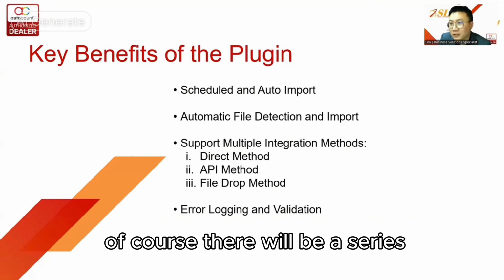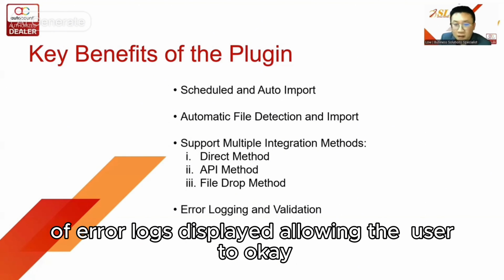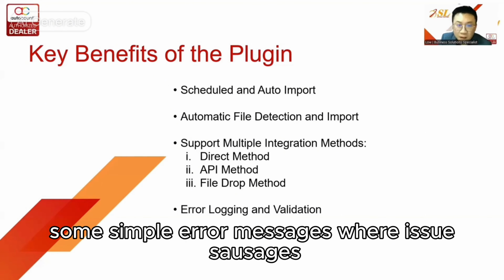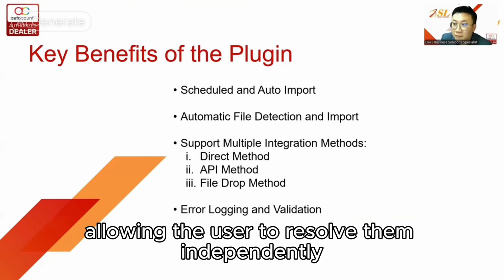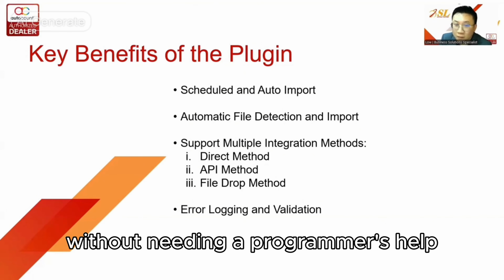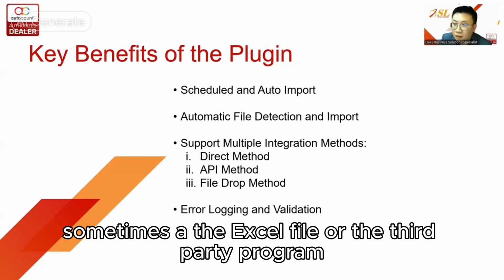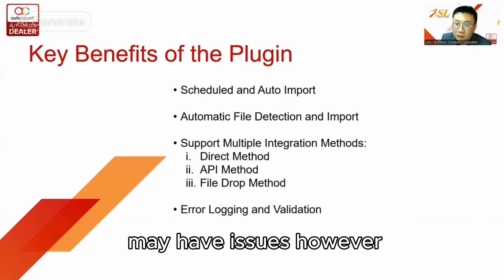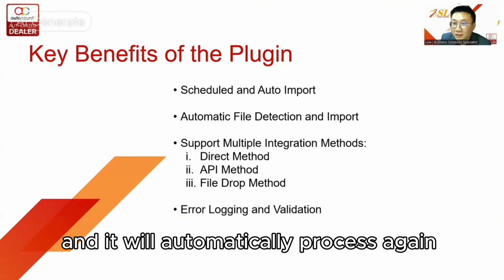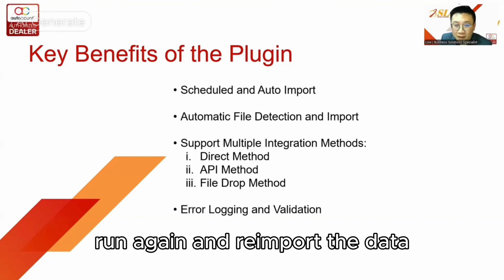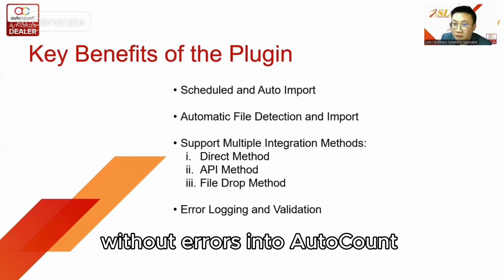Of course, a series of error logs will be displayed, with simple error messages allowing the user to resolve them independently without needing a programmer's help. Sometimes the Excel file or the third-party program may have issues. However, the user can manually make adjustments and then re-upload the file to the import folder, and it will automatically run again and re-import the data without errors into AutoCount.